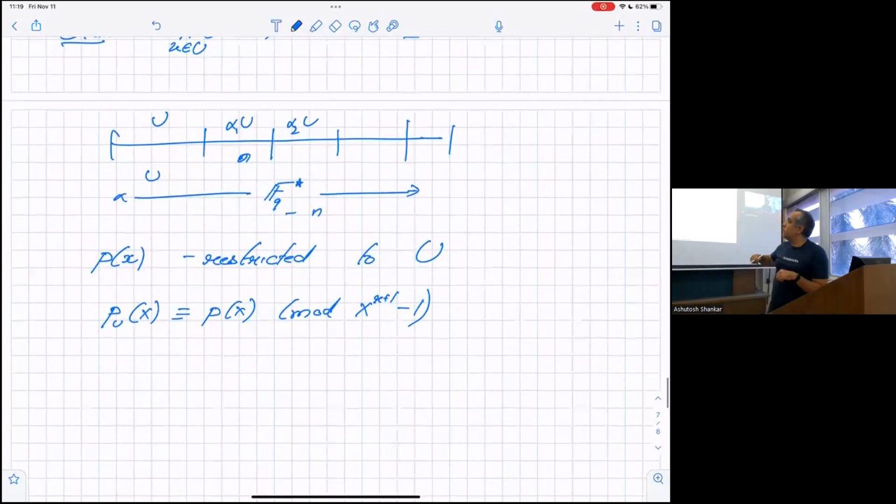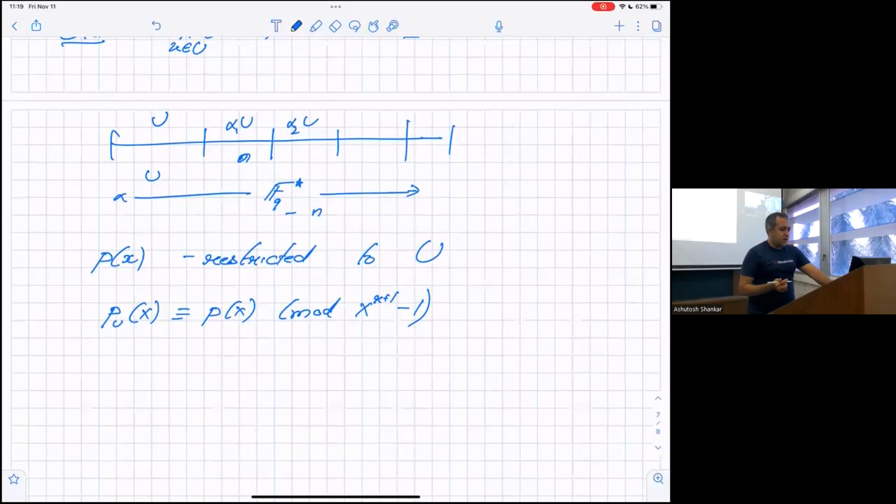I want to claim you're going to force the Reed-Solomon codeword to ensure that when I do this restriction, P_U(X) drops to degree less than R. And what is this restriction? This restriction takes X^(R+1) and replaces it with 1.